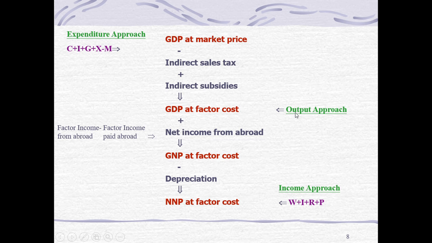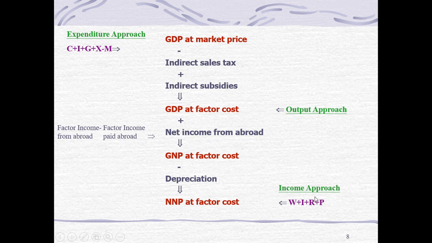Alright, and the output approach looks at what is produced in the country at factor cost, the real value of what is produced in the country, subtracting tax from it and adding subsidies to it. And the income approach looks at the wages received, interest received, rent received, and profit received.